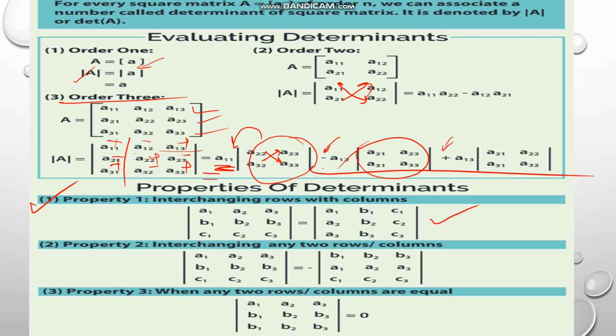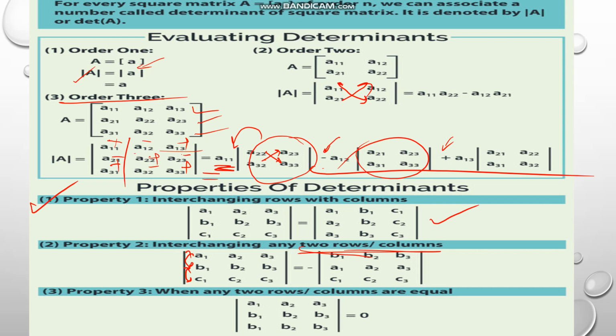Then property 2, interchanging of any two rows and columns. Why is it written here? Because if we interchange any one row with the other row, we will get one negative sign, and if we further change that particular row with the other row, we will get one more minus sign.